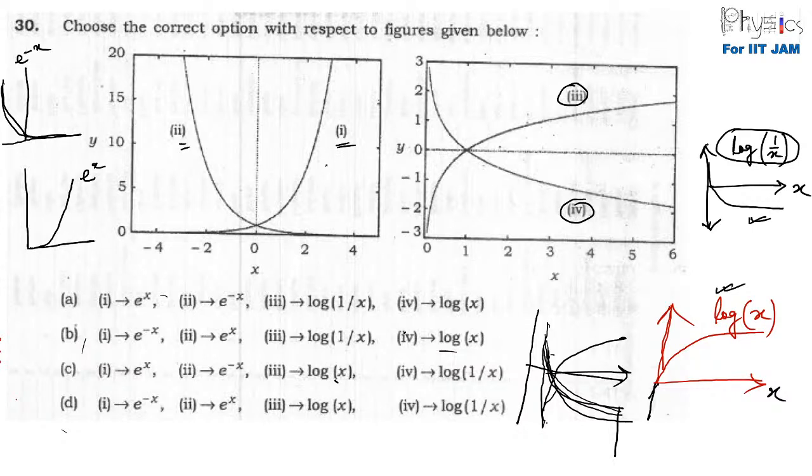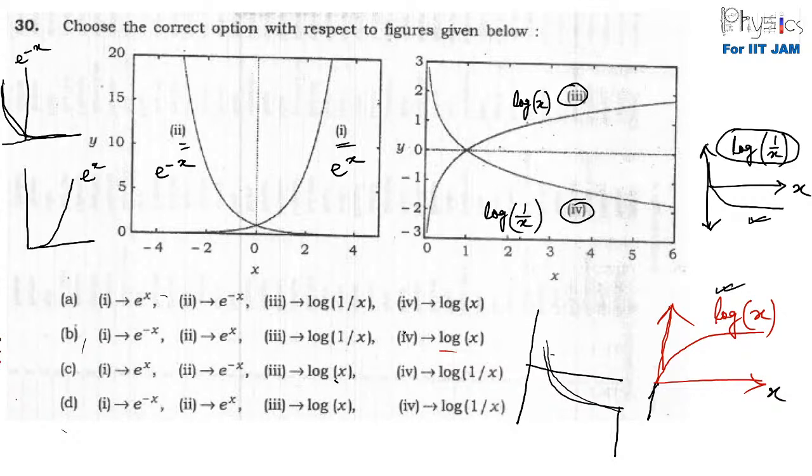So number 1 is e to the power x, number 2 is e to the power minus x, number 3 is log of x, and number 4 is log of 1 by x.